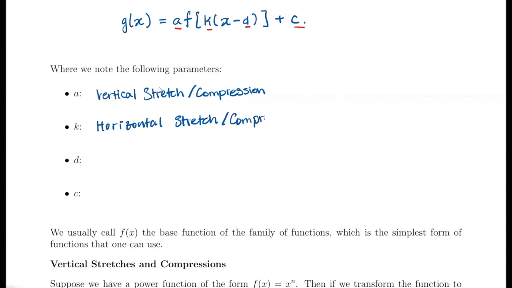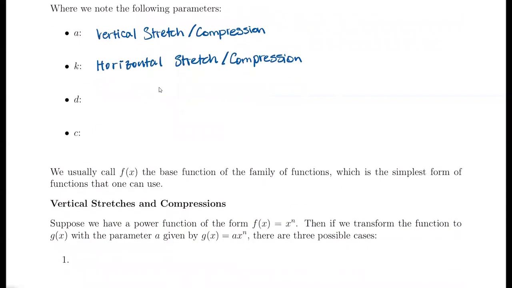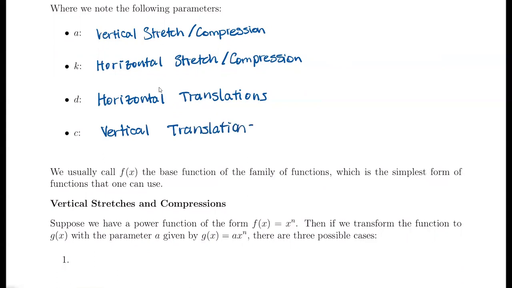And then d and c represent the horizontal and vertical translations, respectively. We usually call f of x the base function of the family of functions, which is basically the simplest form of a function that we can use.